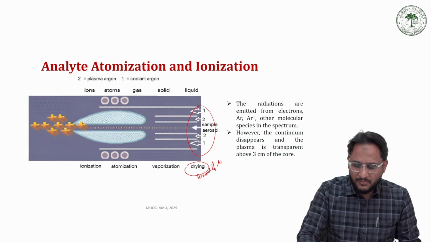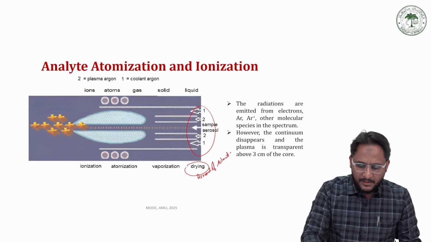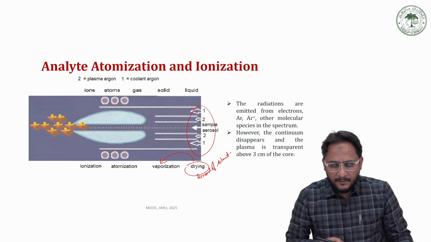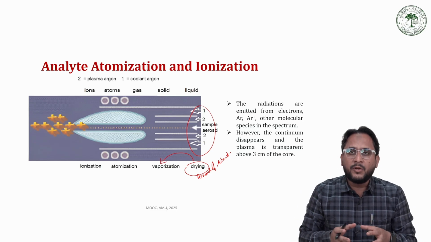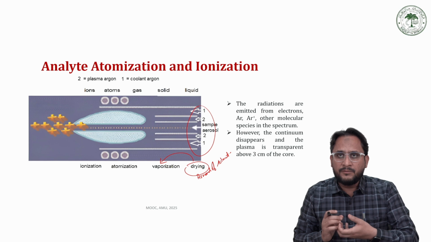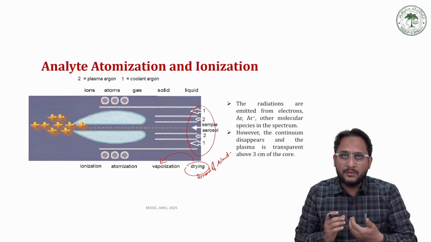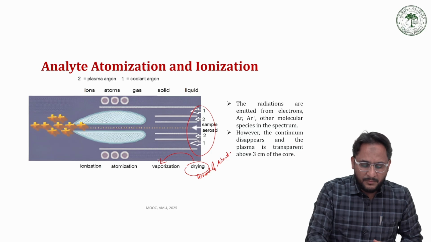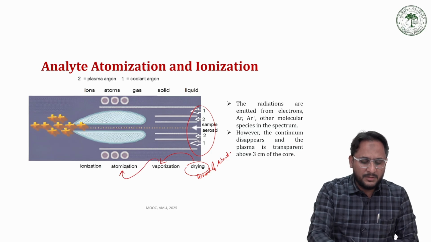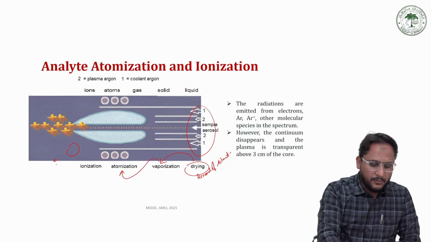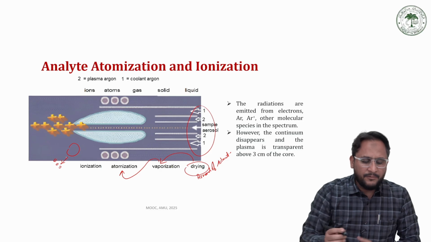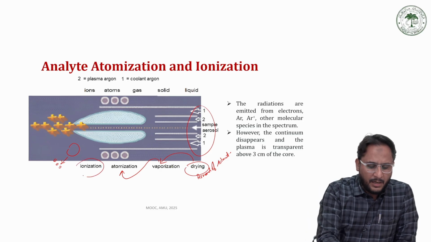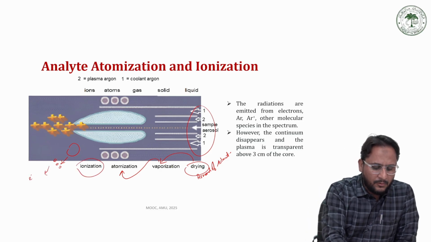Then it undergoes vaporization: the sample molecules in the form of aerosol, now that the solvent is removed, are converted into their vapor form. Then they are atomized, meaning the molecules are converted into individual atoms, and finally these atoms are ionized, creating electrons and cations.